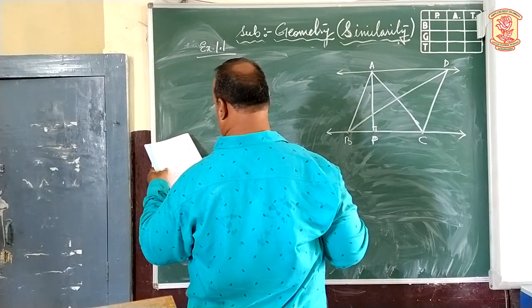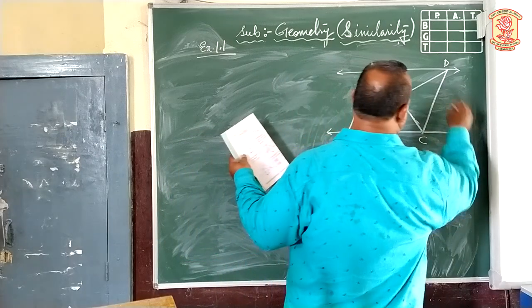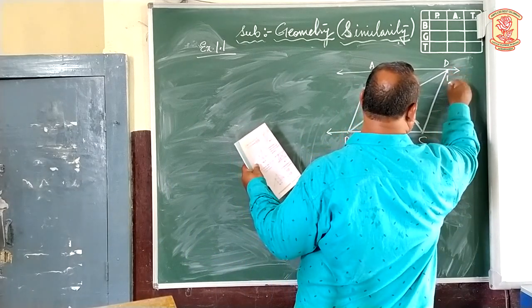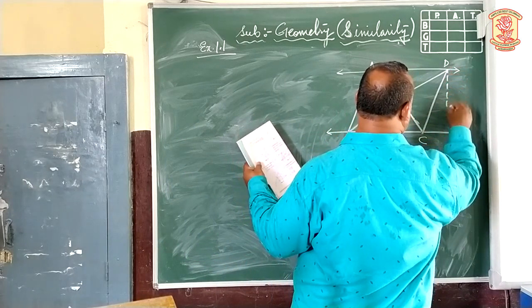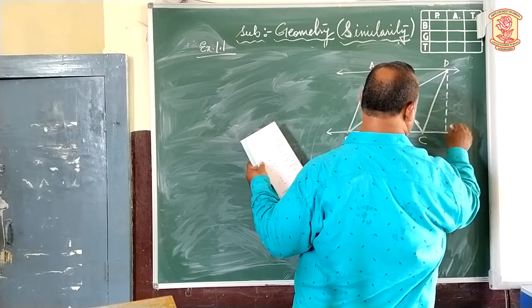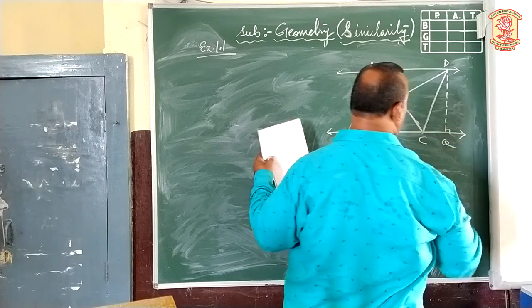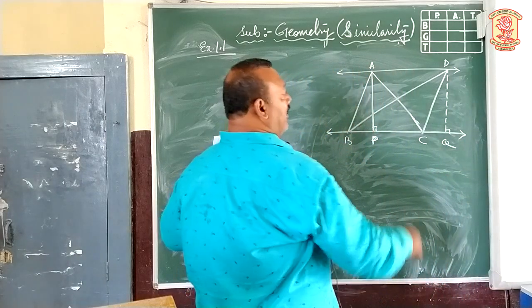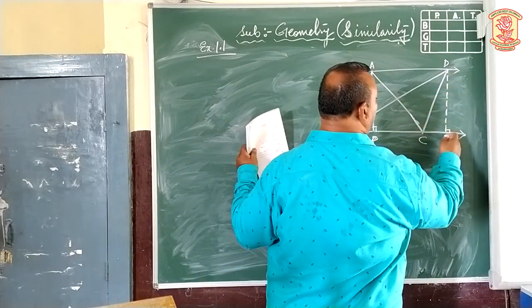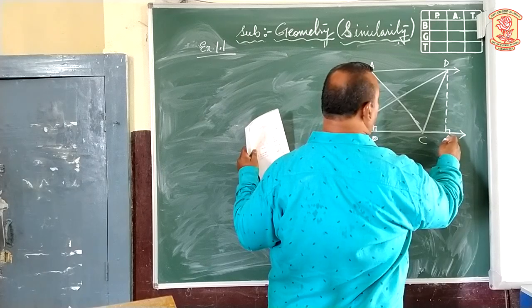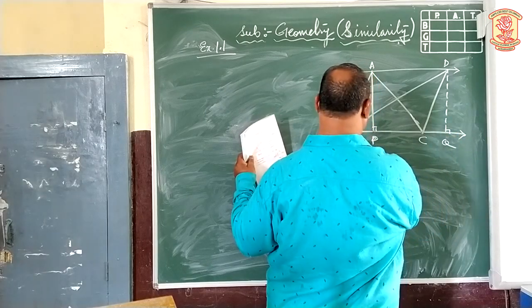Now, one construction will come here. You have to draw an altitude. For example, altitude AP, I will take another point as Q. We made the construction: we have drawn segment DQ perpendicular to base BC.